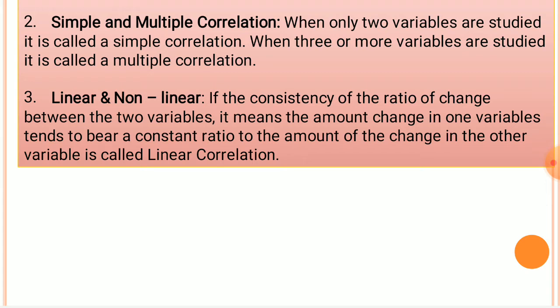Linear correlation means if there is consistency in the ratio of change between the two variables, it means the amount of change in one variable tends to bear a constant ratio to the amount of change in the other variable, it is called linear correlation.